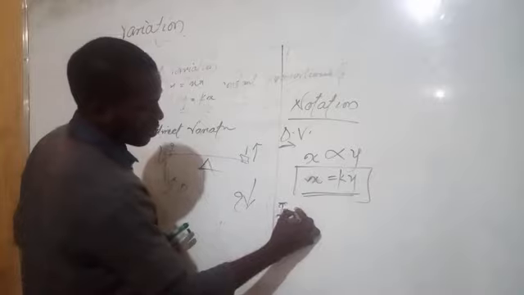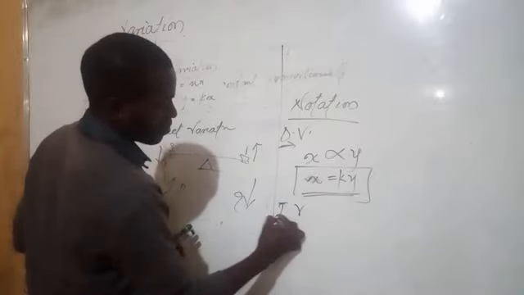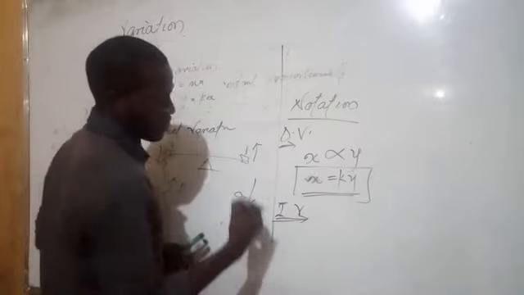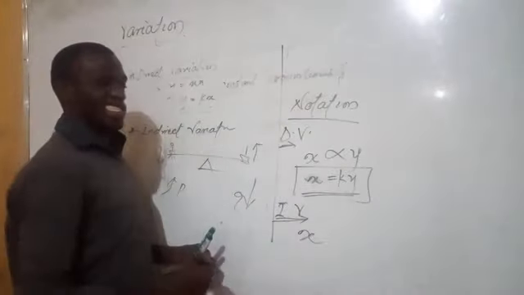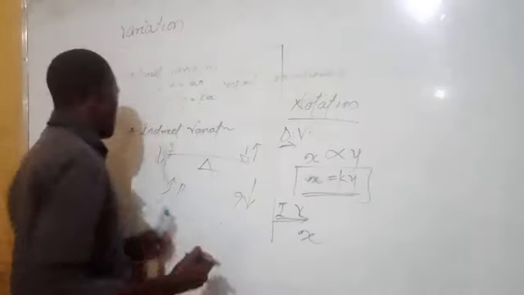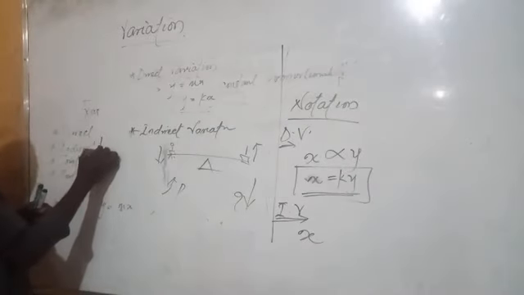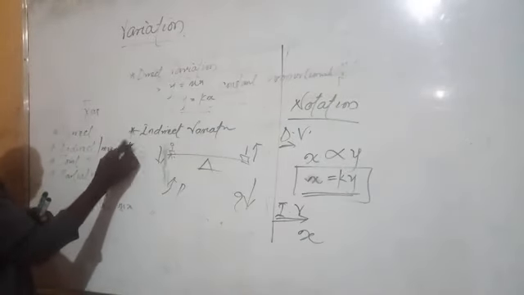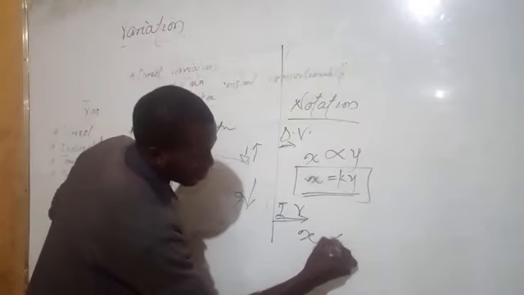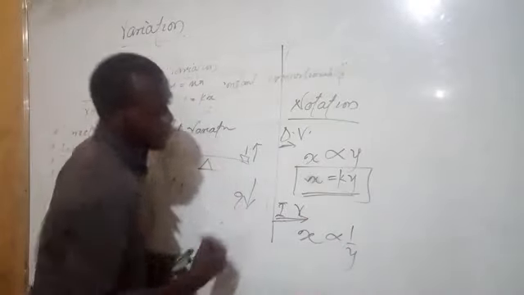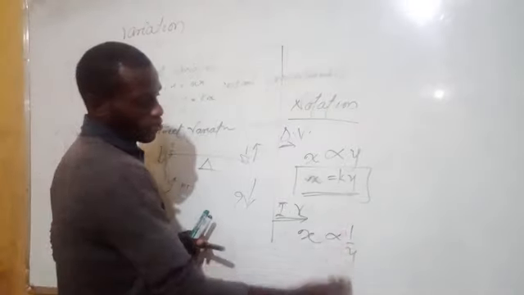The next one is indirect variation. For indirect variation, you are going to have a question like x varies indirectly or inversely. That is another name: inverse variation. When you have varies inversely, it means x is proportional to the reciprocal of y.